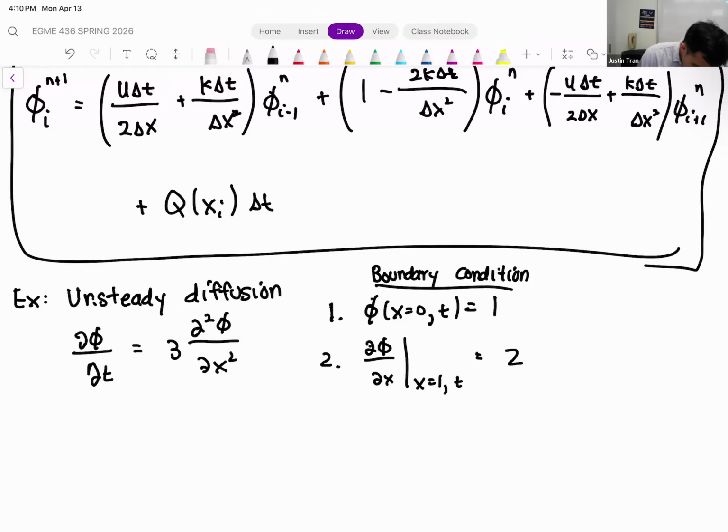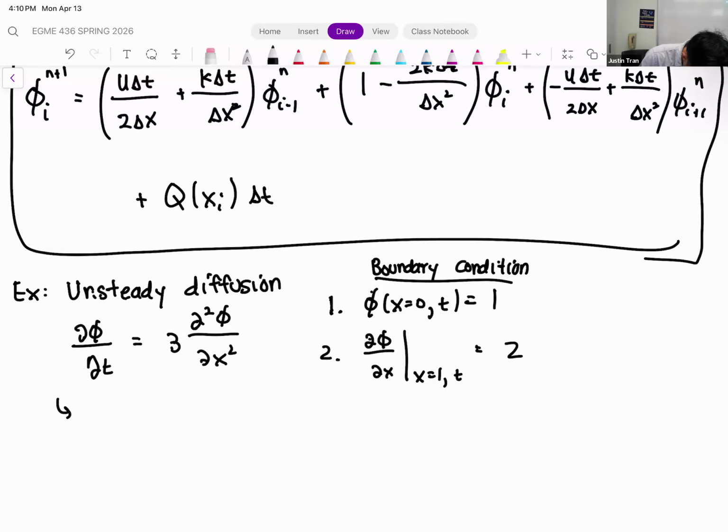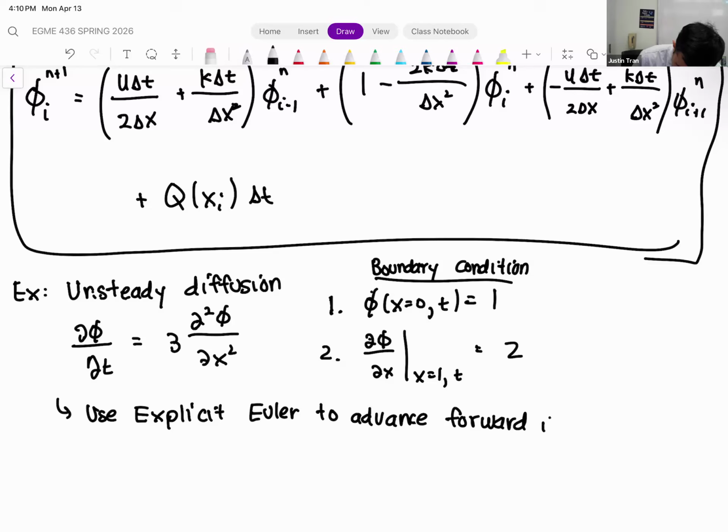So we're going to use explicit Euler to solve for the first three solutions.